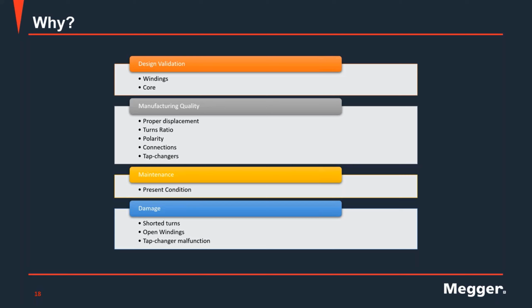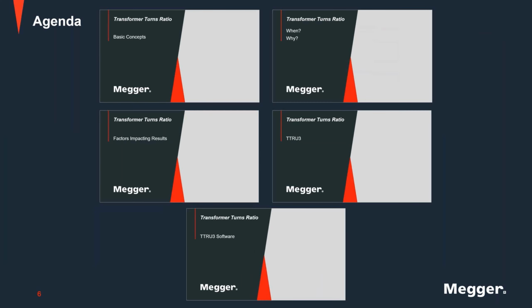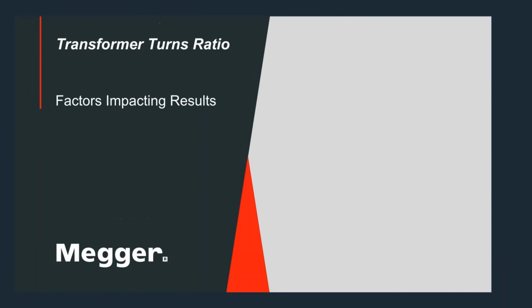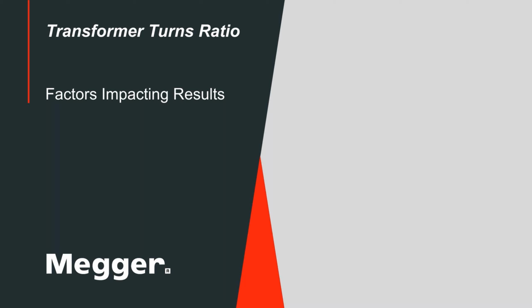So that's on the why and what type of issues we can find when performing TTR. Again, a very simple test, but it can give us very important information on our transformer. So now we know the basic part, when we need to perform it and why.